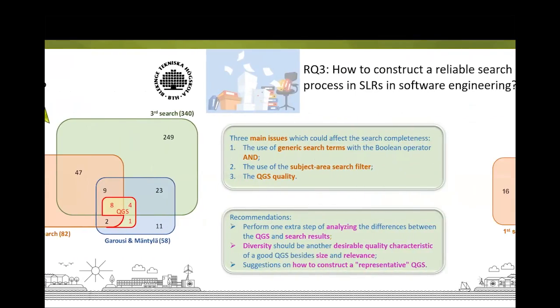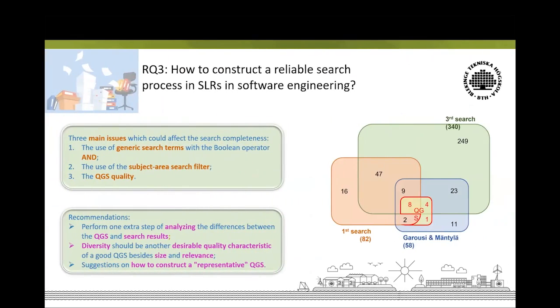And basically what we have learned from that is that there are three main issues that might affect the search completeness. The first thing is the use of generic search terms together with the Boolean operator AND.